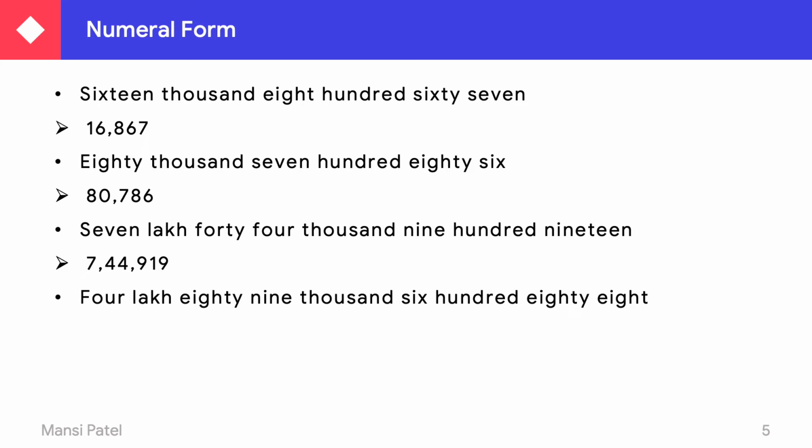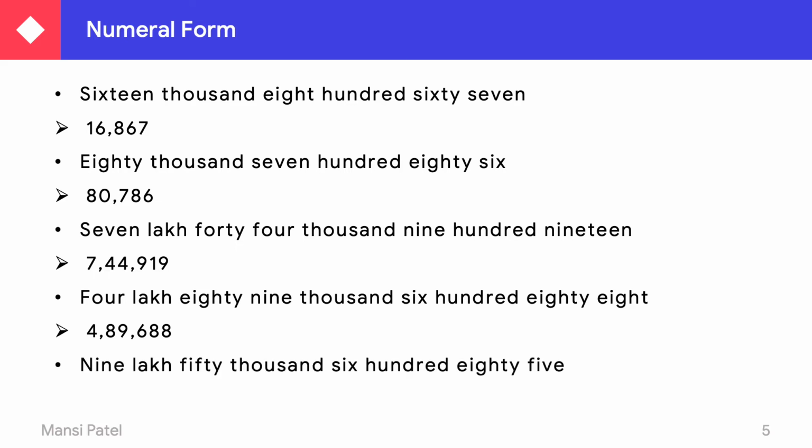Your next is 4,89,688. So 4 comma 89,000, 89, and then 688. So your answer is 4 comma 89 comma 688.